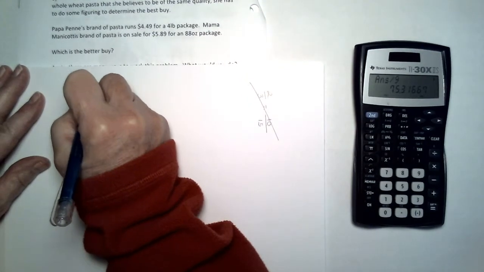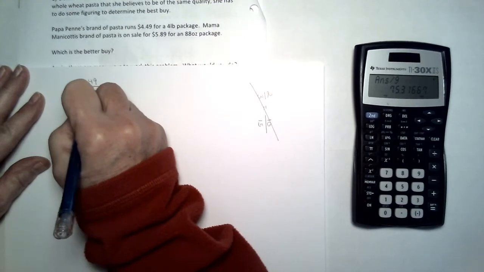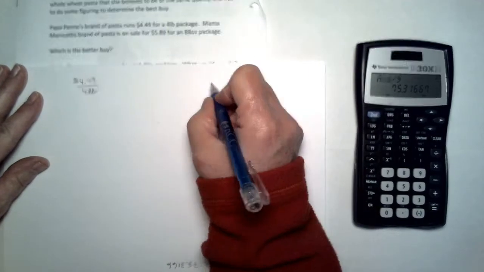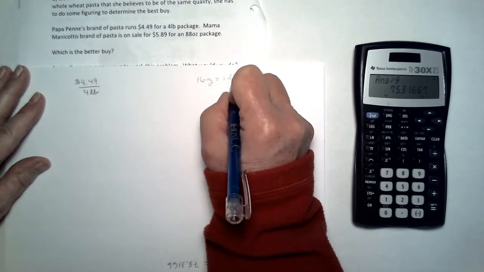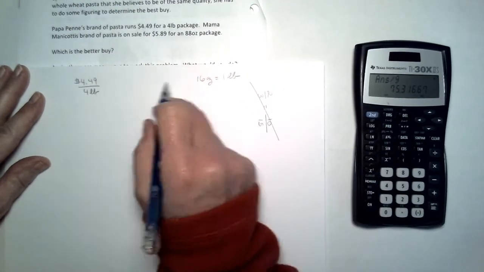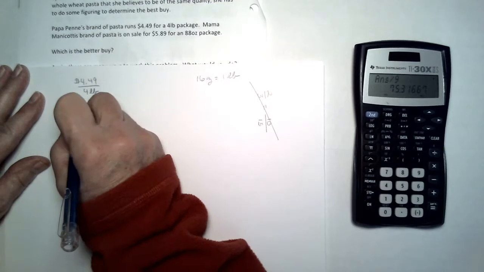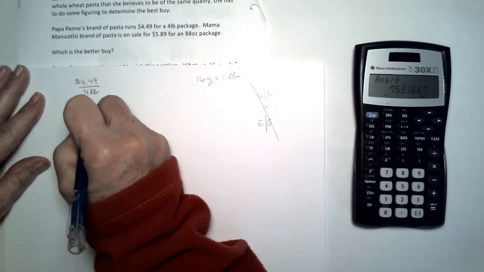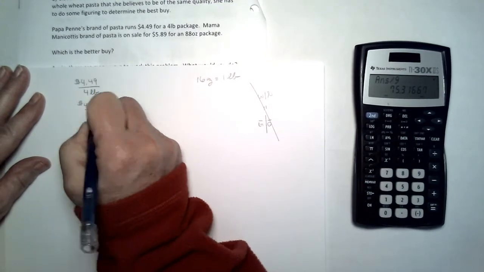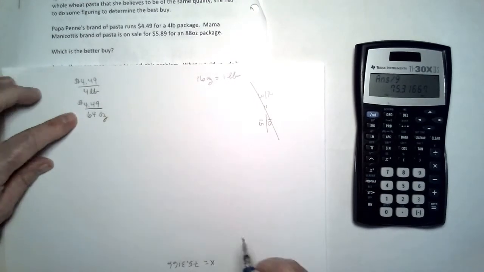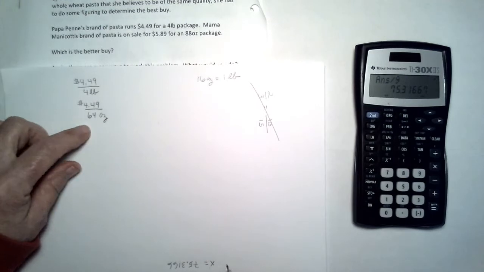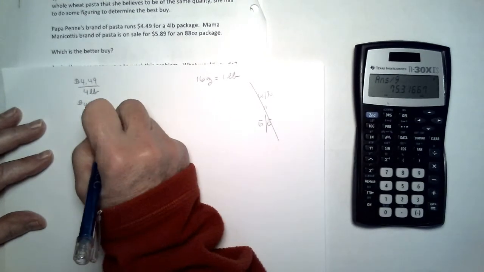And this is what I'm looking at. I got $4.49 for 4 pounds. Well, I know that there are 16 ounces in 1 pound. So I'm going to multiply 4 times 16, and that means that Papa Penne's is $4.49 for 64 ounces. Well, what is that as a unit rate?